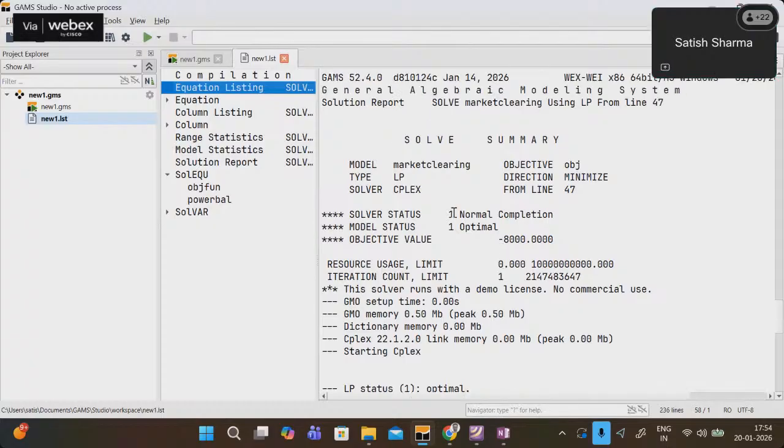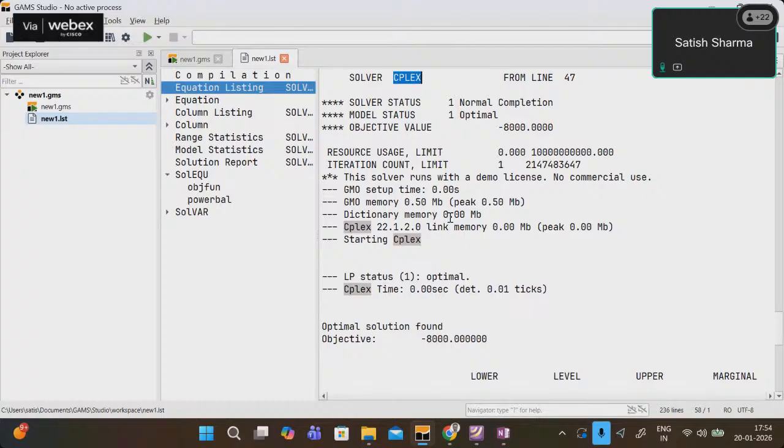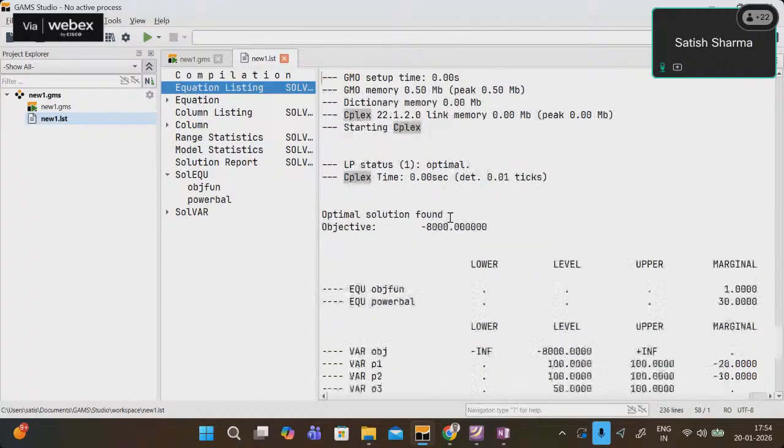Then, since it is linear programming, it gives you the information that the solver was simplex. So GAMS used the simplex solver, but you can also define different solvers if you want to solve it with a different solver. Then it provided that the optimal solution is found, and the objective is minus 8000. Because everything is brought to one side, the objective function value was minus 8000, because we are minimizing it.